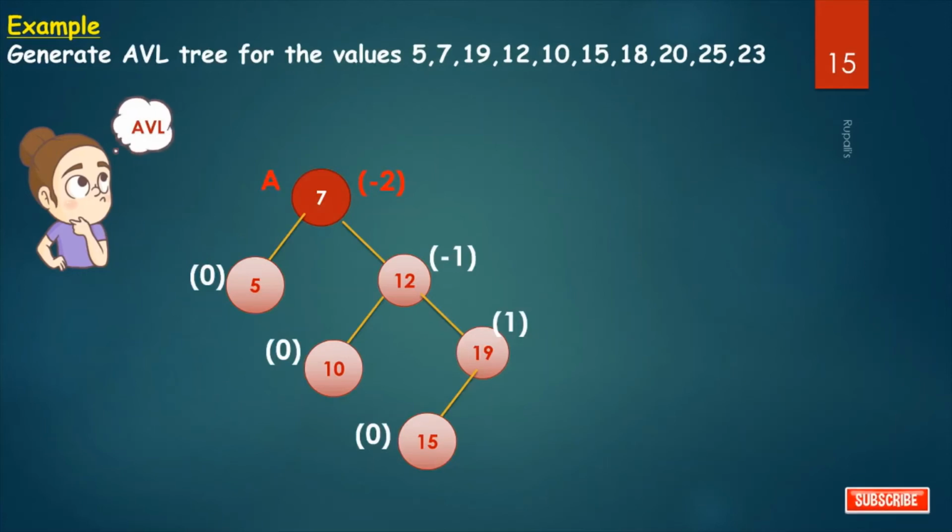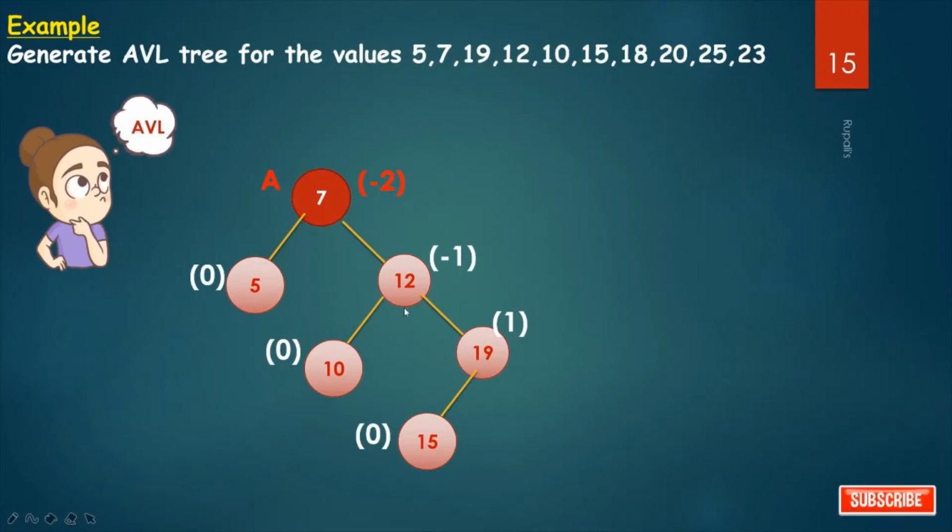Now which one is our B node? The child of A. Now think, is this node the B node or is this node? Means, is 5 the B node or is 12 the B node? The newly inserted node is on the right side of which node? Of the A node. The newly inserted node is on the right side of the A node.